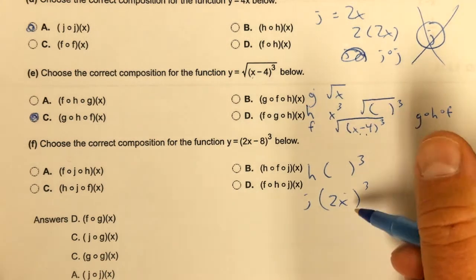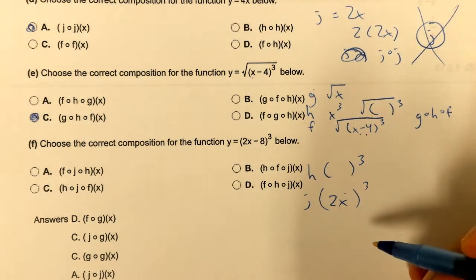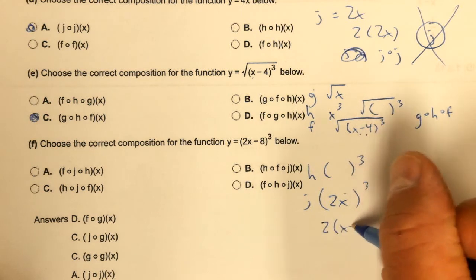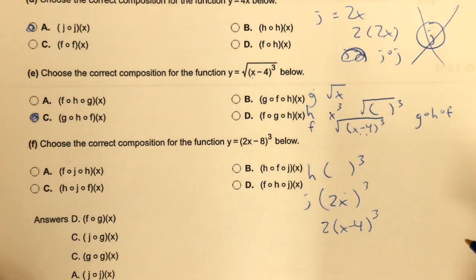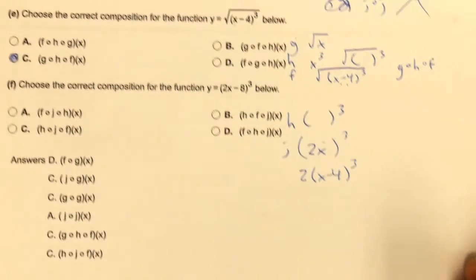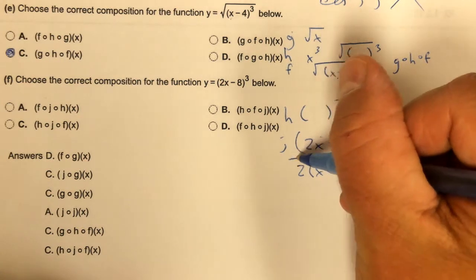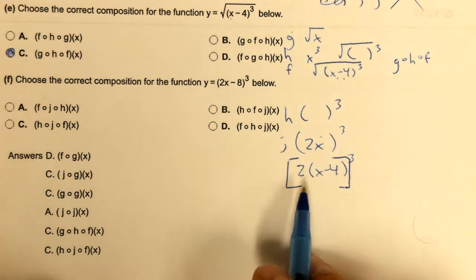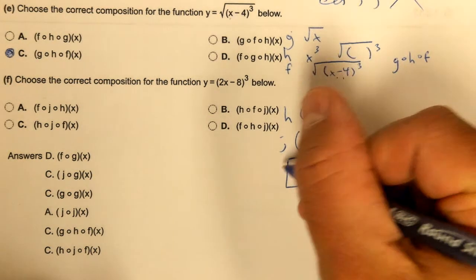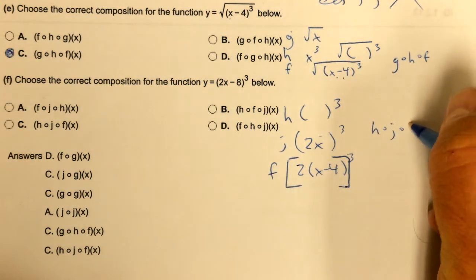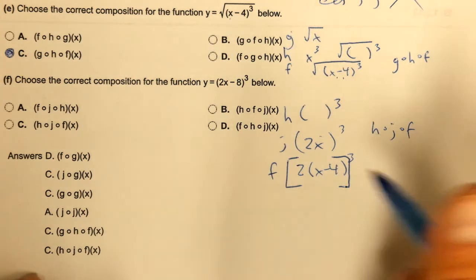And then what if in place of that x, we put x minus 4? And that is not right. So what you need to do is have a bracket around it and make sure all of that is cubed. So the x minus 4 part is the f. So it's h circle j circle f, which is C.